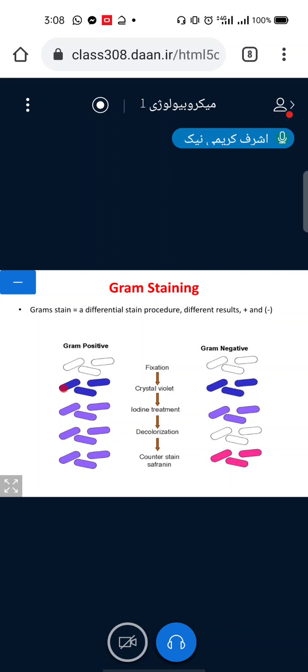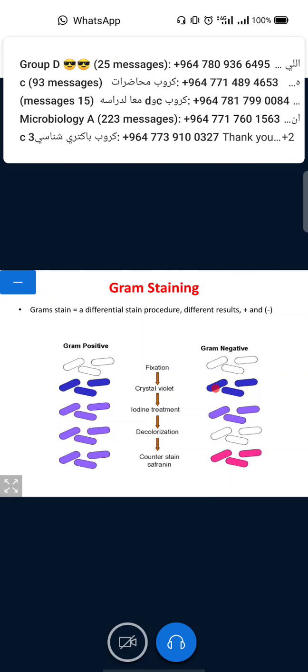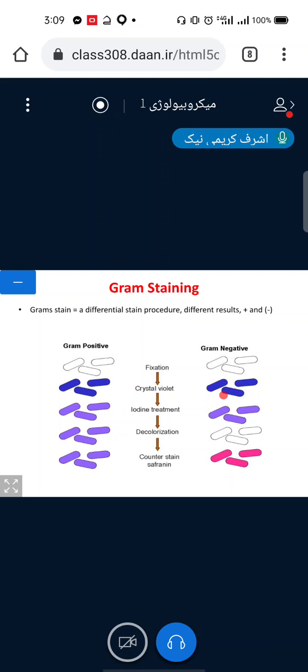Crystal violet is blue or violet, applied for 1 minute. Both bacteria became blue.